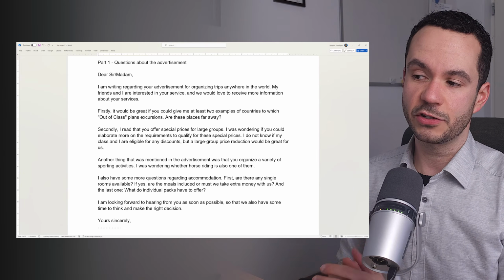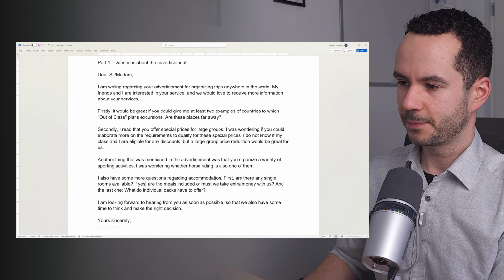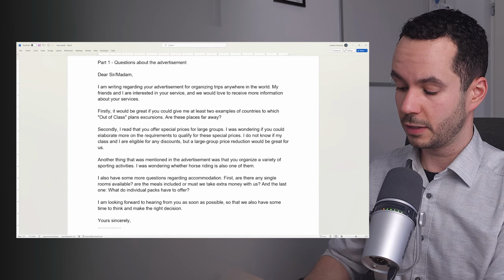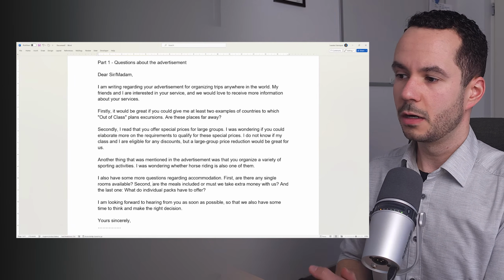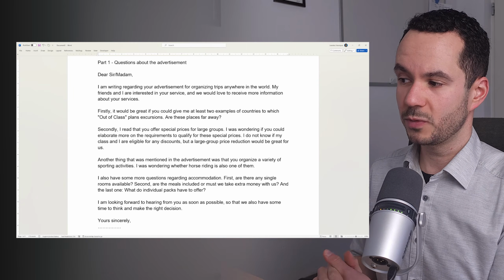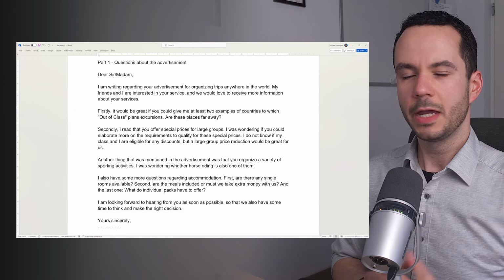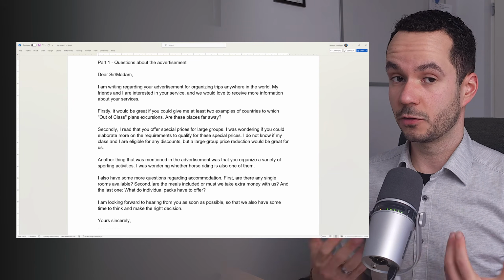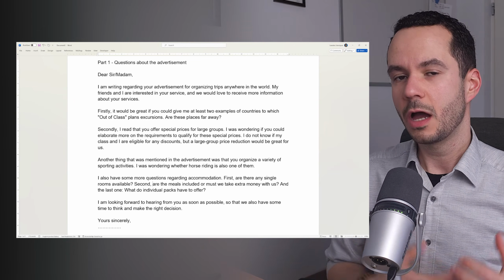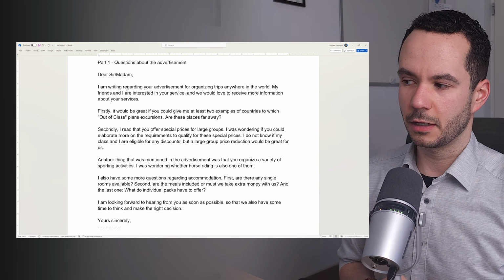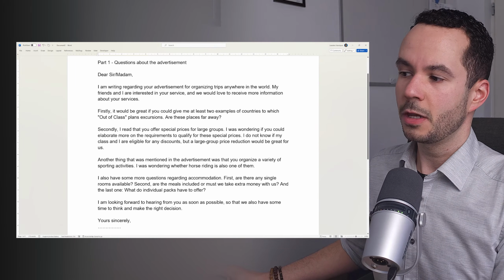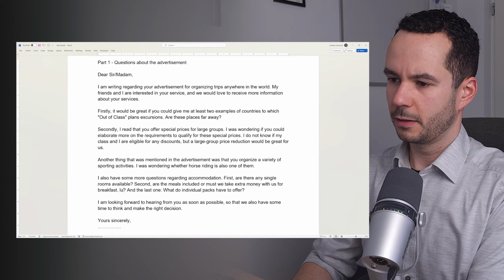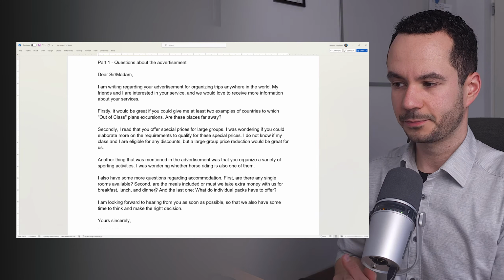So I want to change that and I want to say "second," so we're removing the "if yes" because there's no link between the two things. "Second, are the meals included or must we take extra money with us?" Now, even though it's clear what we want to say, do we need to take extra money to pay for those meals? I want to make it a round sentence again. So I'm going to say, "Must we take extra money with us for breakfast, lunch, and dinner?"